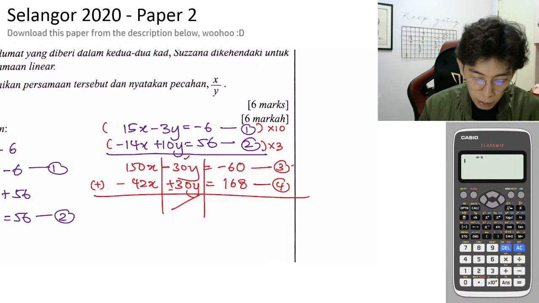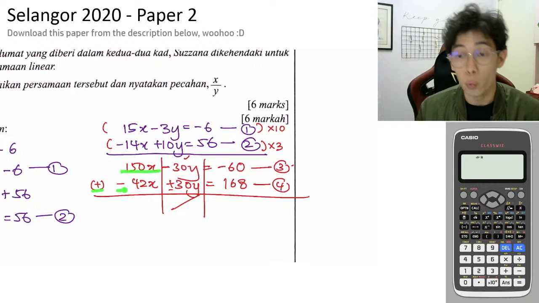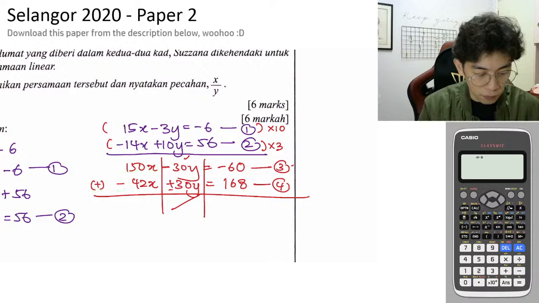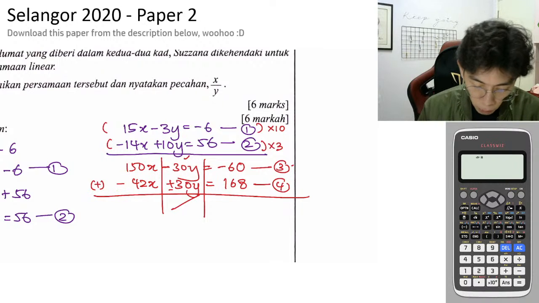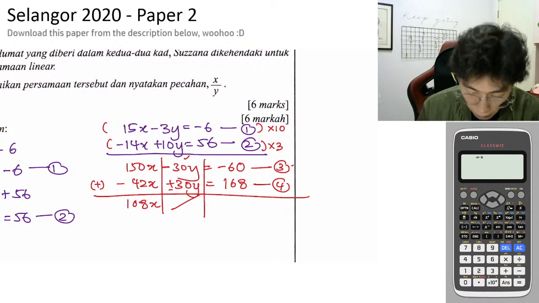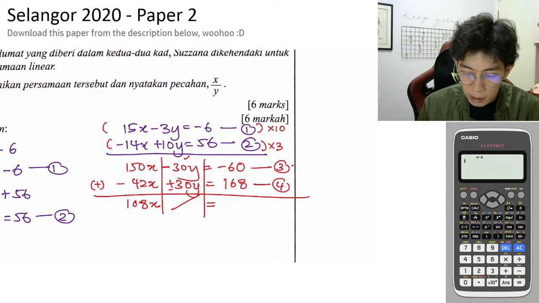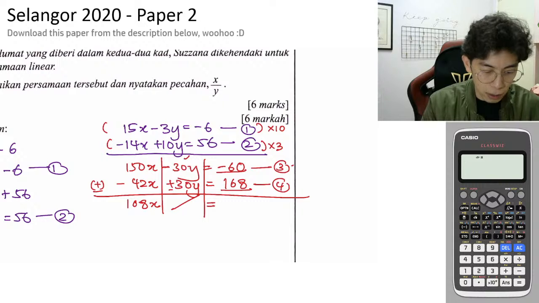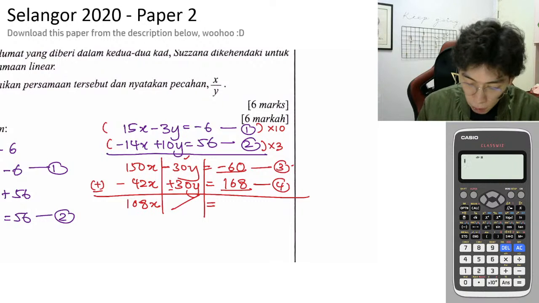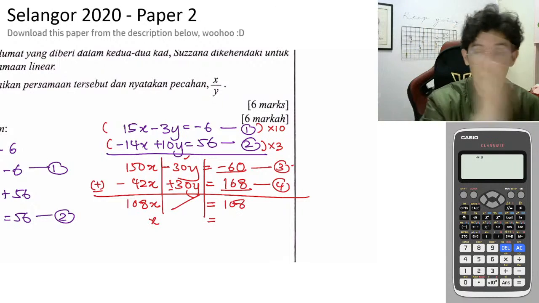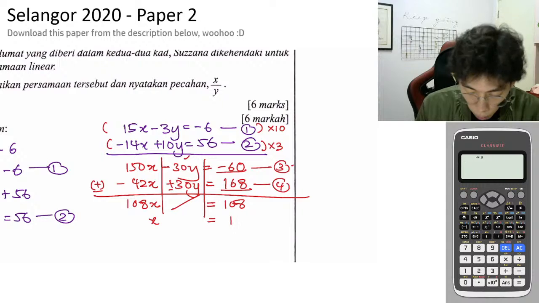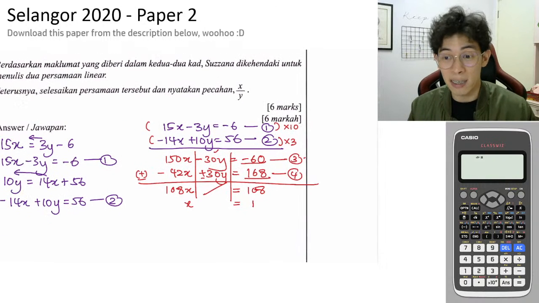So I'm going to read it: 150x plus, and minus remains minus, 150 minus 42, 108x equals, now read this, minus 60 plus 168. Minus 60 plus 168 you will get 108. So x equals 108 divided by 108. The answer is 1. So I get my x answer already.